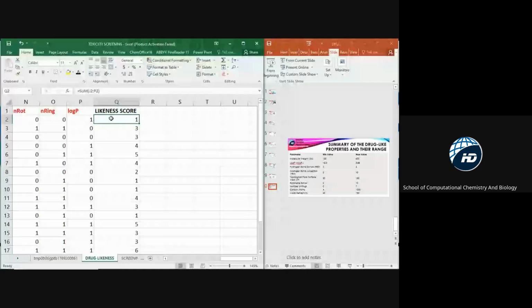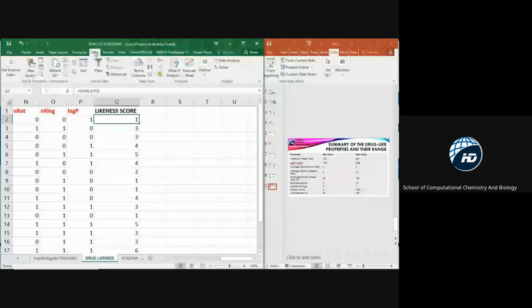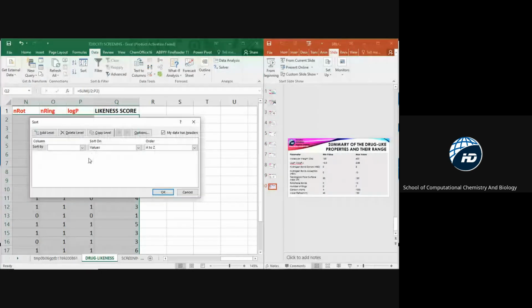We can go to Data and we say sort. And we are sorting the likeness score from largest to smallest.